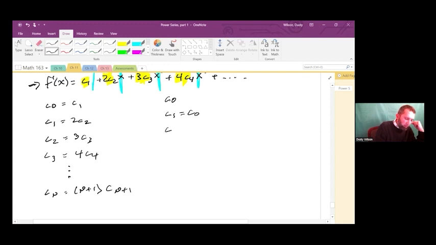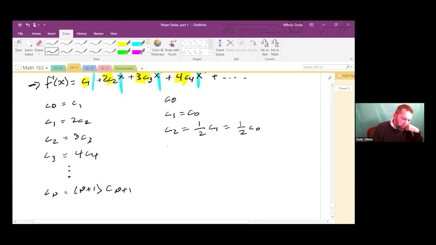And how about C2? Well, C1 is equal to 2C2. So we could divide by 2, and so we'd get 1 over 2 C1, or in other words, 1 over 2 C naught for our C2.